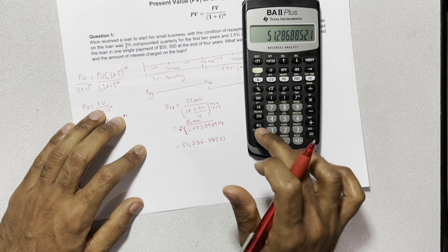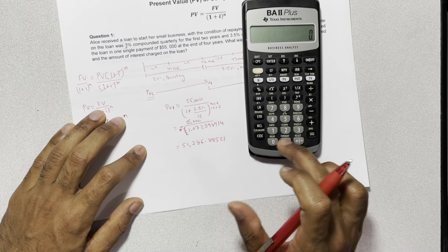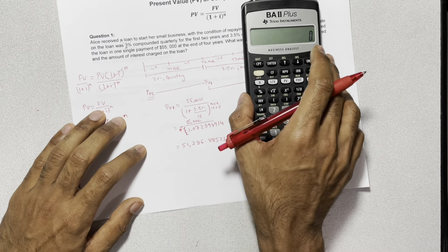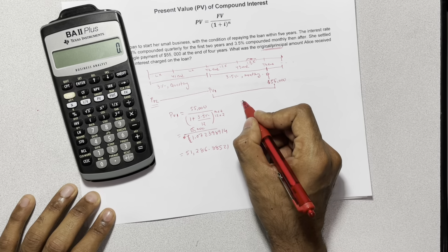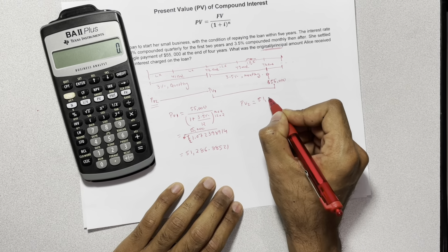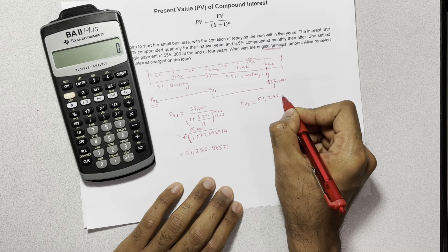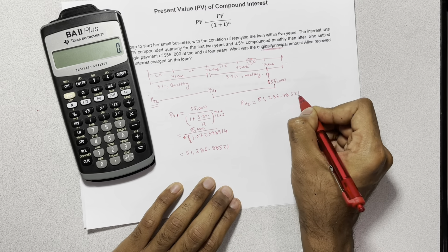Now, I'm also going to store this as number 2 because this is our next present value. So now, to find PV2, it's $51,286.88 approximately.